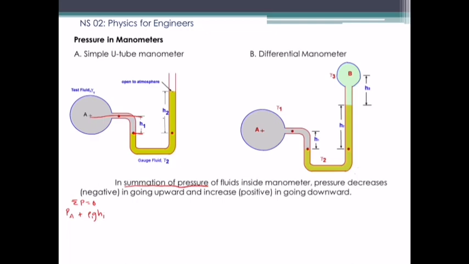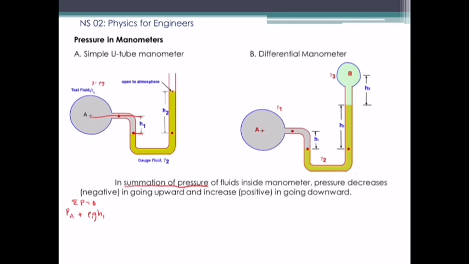This is the density of fluid 1. Gamma is rho G, so that is gamma of fluid 1, times the gravitational acceleration. And then for our next fluid, we have this interface up to here, the yellow fluid, as you can see.